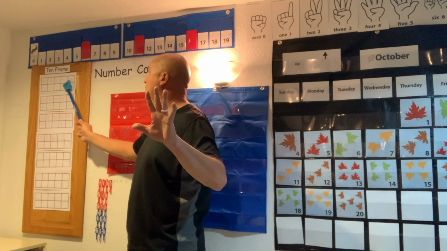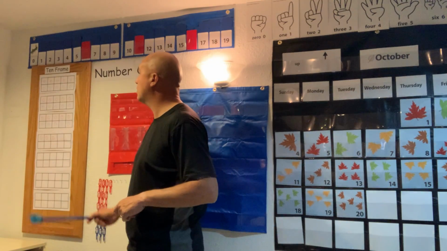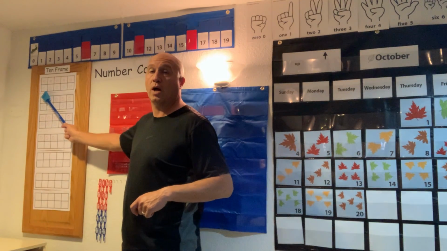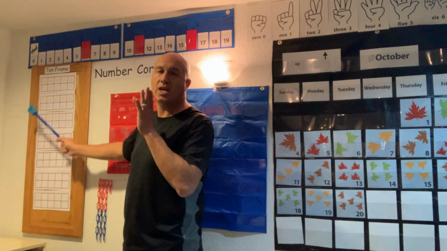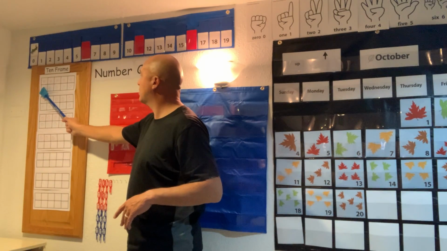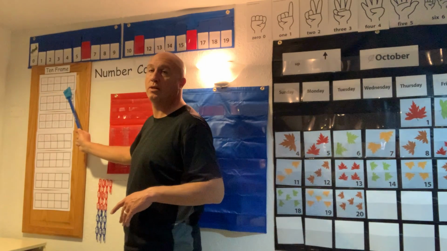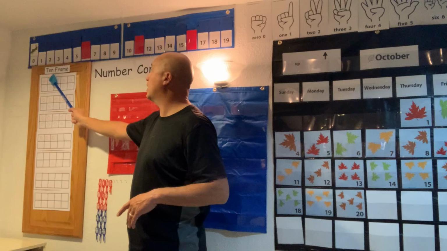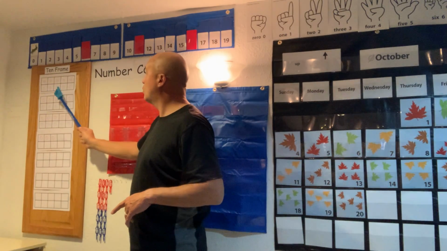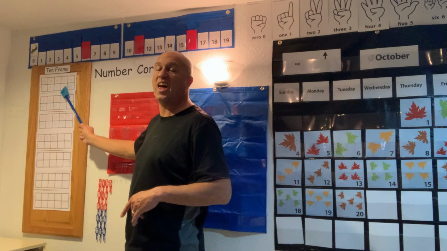So if you see that top row filled up, how many is it? 5, you're correct. Now the bottom row is a different color. They're blue. And again, I need to find a better blue marker. So 5, 6, 7, 8, 9, 10. There are 10 in there. That's why it's called a 10 frame. So this 10 frame is completely filled up. So we know there are 10.